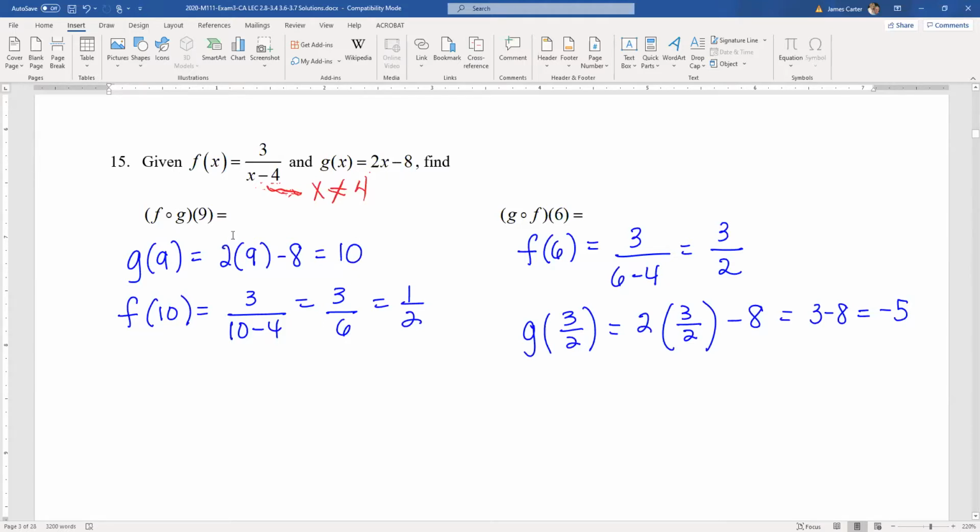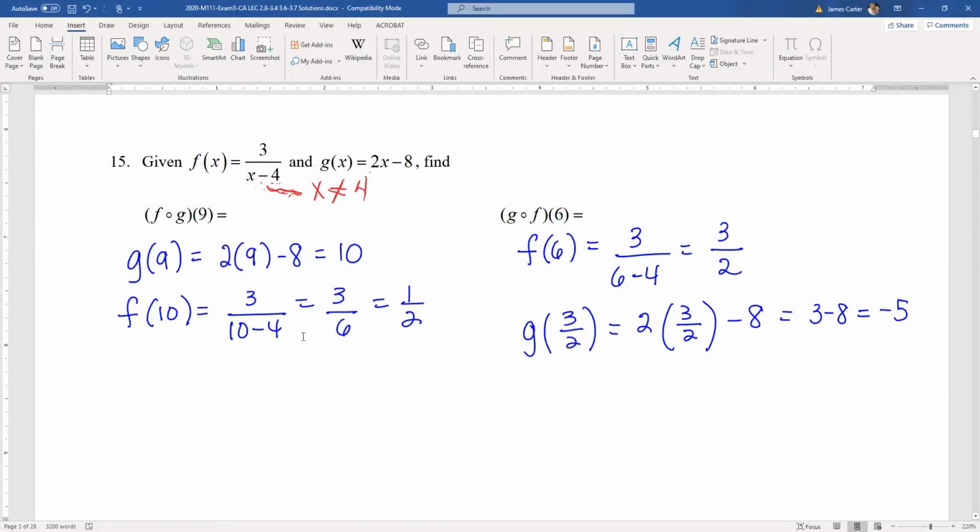So G of 9 is equal to 10. So then I replace that 10 sequentially into the F equation right here, simplify it, and you get 1/2.